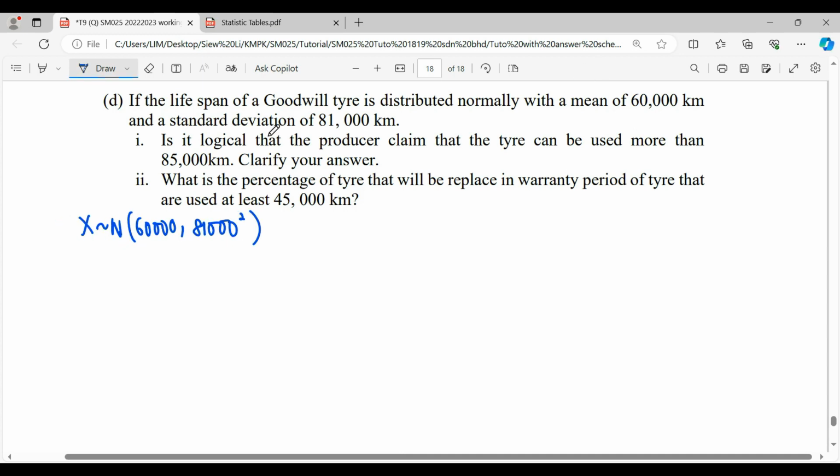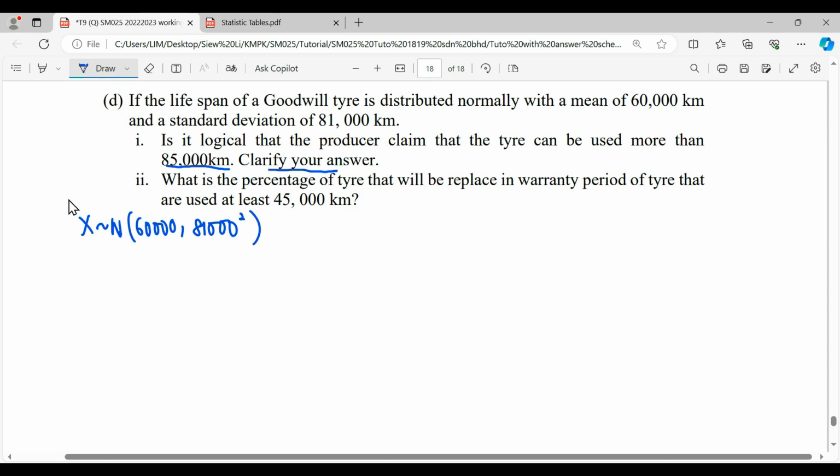The first question: is it logical that the producer claimed the tyre can be used for more than 85,000? Clarify your answer. So we need to find the probability for this situation to occur.